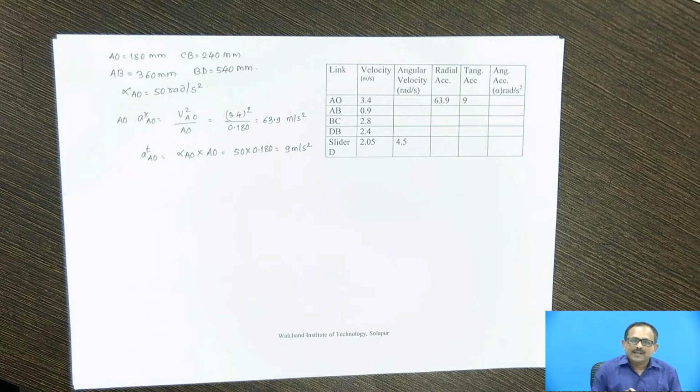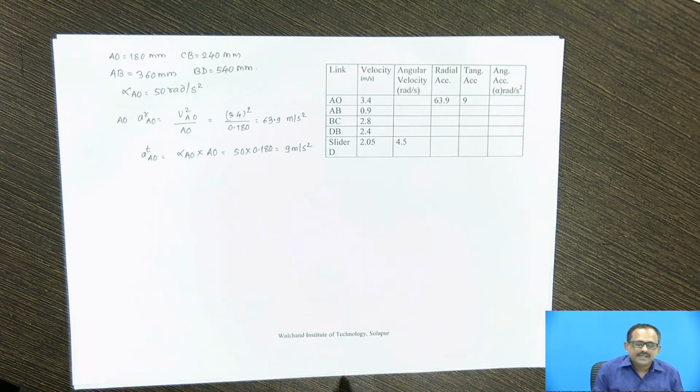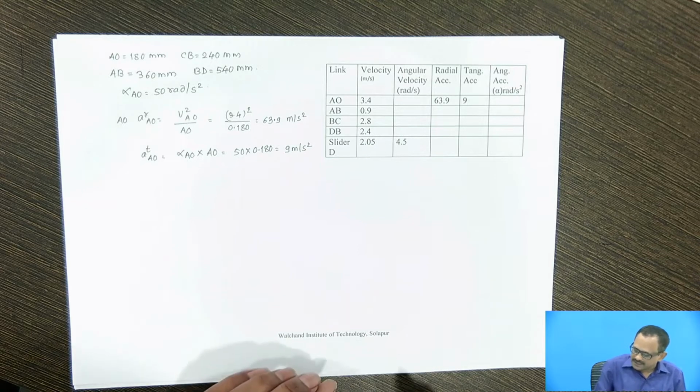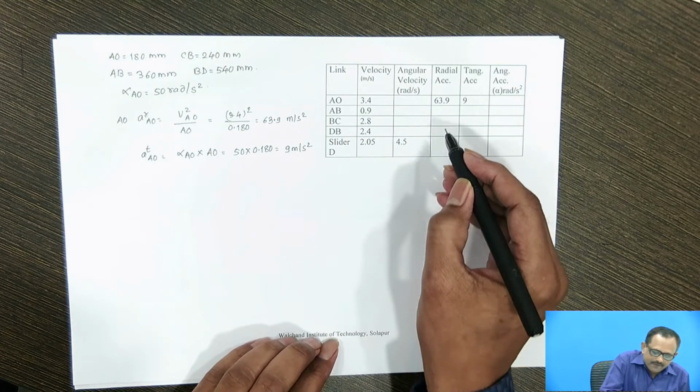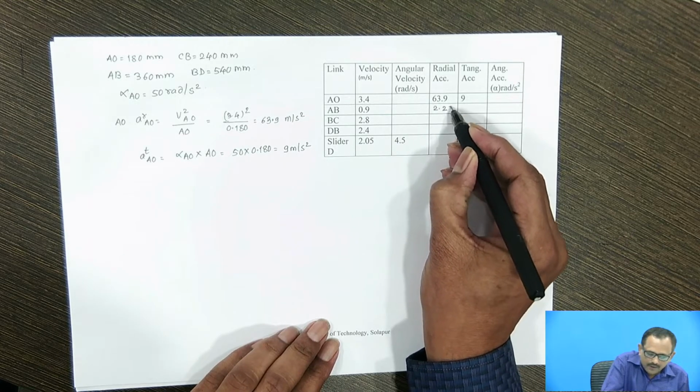When any particle moves along a circular path, it has two components of acceleration, one radial and the other tangential, and accordingly we have calculated the radial and tangential components of link AO. Similarly, we can calculate the radial acceleration of link BA in the same way, and that value becomes 2.25.